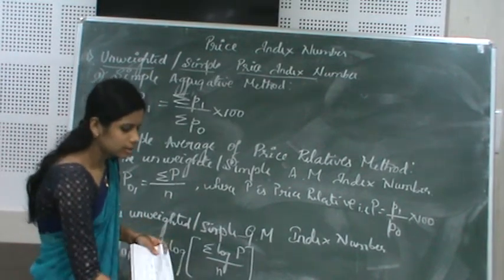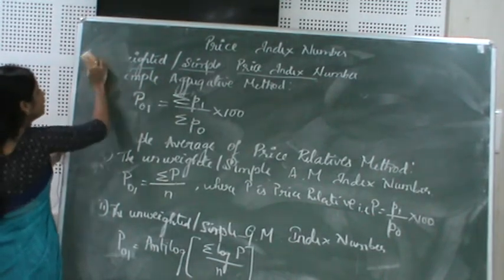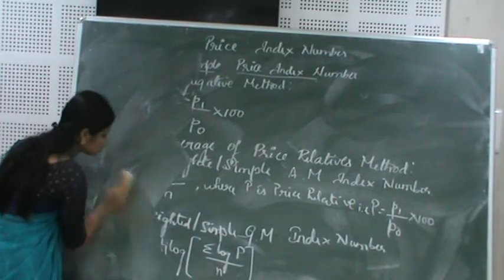Now we will solve the problems under this method, unweighted or simple price index number. We will solve a few problems so you will have a clear idea how to solve it.